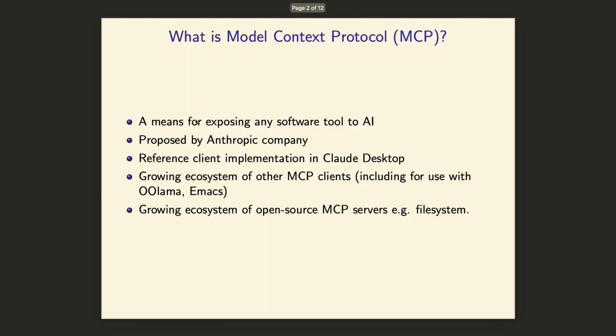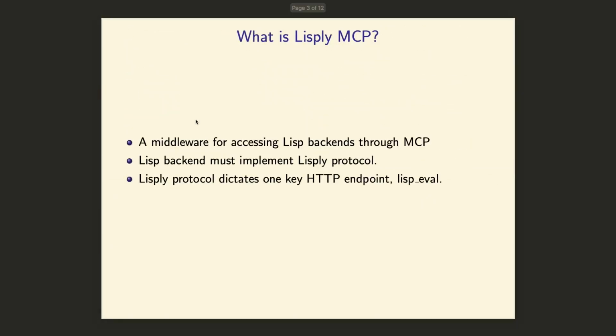What Lisply MCP is, and I'll talk about what Lisply means in a minute, is a middleware for accessing Lisp backends. Most of the complexity is in that middleware, and you'll see the Lisp backend is very simple. You can make your Lisp backend compliant so that it can work with this middleware. The Lisply protocol is a term that I've coined.